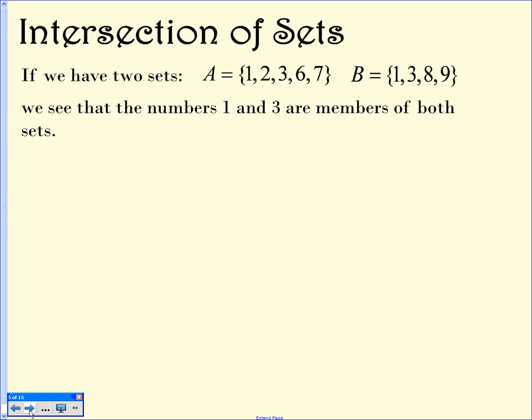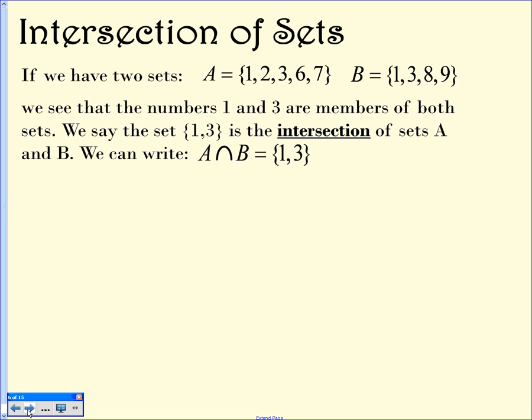They cross and share part of the road. So where do these two sets intersect? At 1 and 3. 1 and 3 is the intersection of sets A and B, and you write it A intersect B, which is {1, 3} for this problem. That's what that little symbol means, intersect. Where do they overlap?